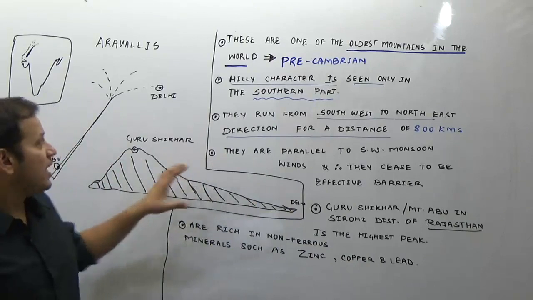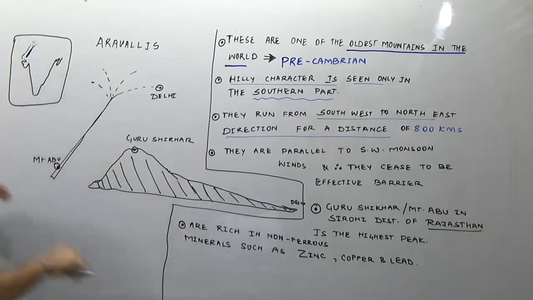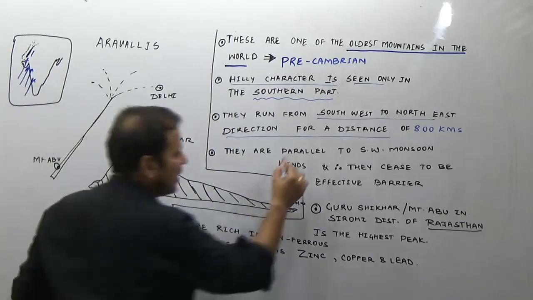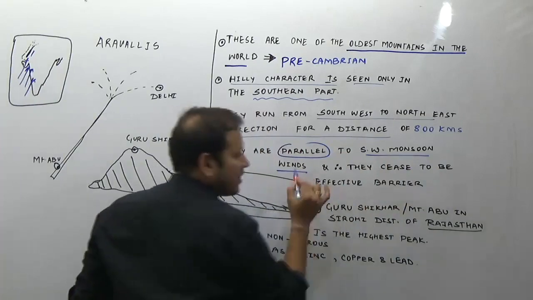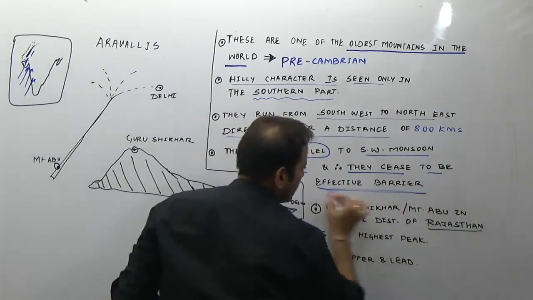Now, you see how they are. On the map of India, they lie parallel to the southwest monsoon winds, and because they lie parallel in direction to the southwest monsoon winds, they cease to be an effective barrier to these winds.